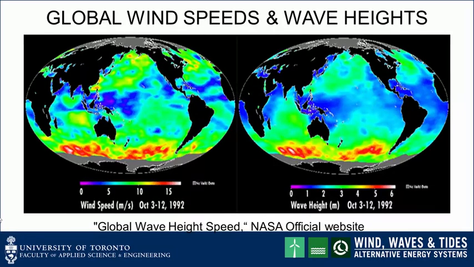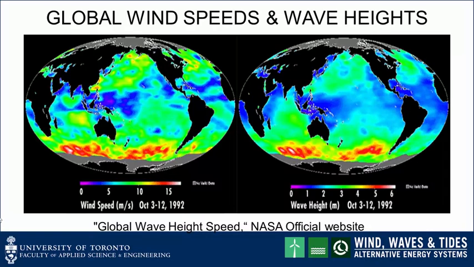This is a very interesting slide provided by NASA. On the left-hand side, wind speed measurements averaged over a 9-day period for the globe, taken from a satellite, and on the right-hand side, corresponding wave height measurements made at the same time.